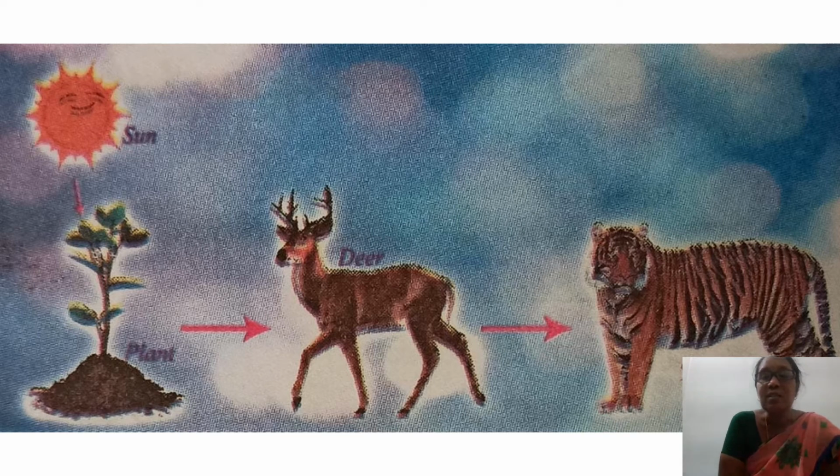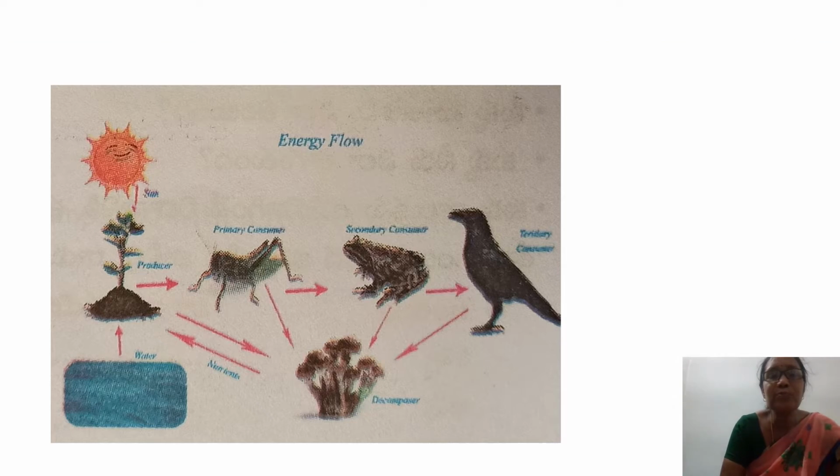So, energy flow occurs in the food chain. That way, our world exists. We are able to survive. Yes. Do we go for the next picture?